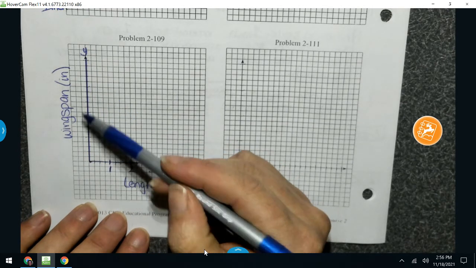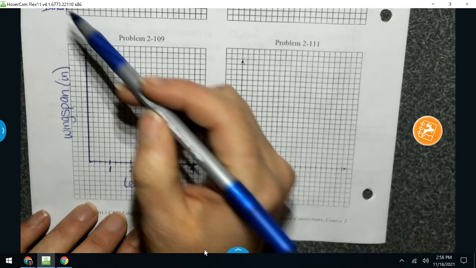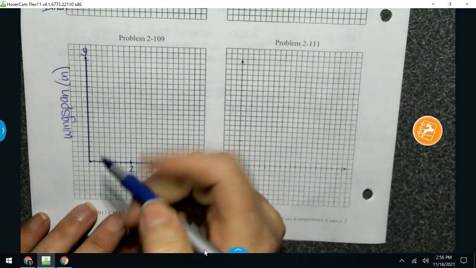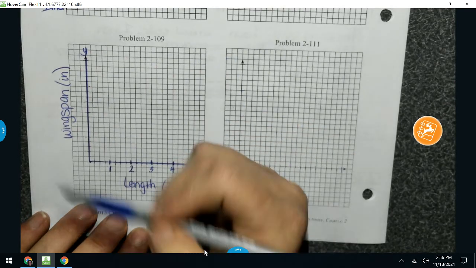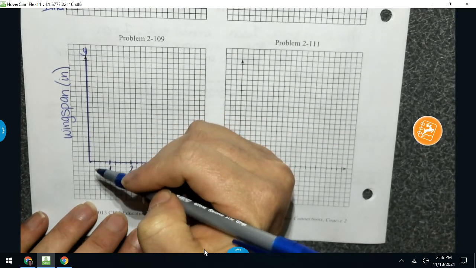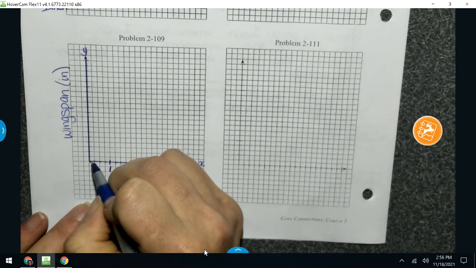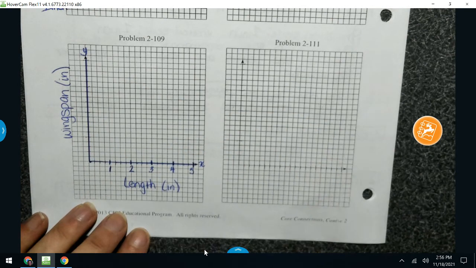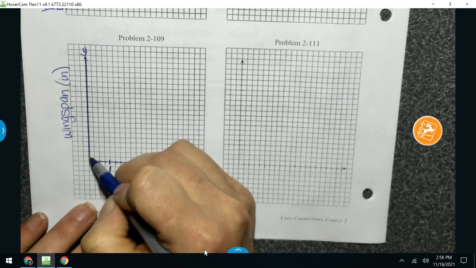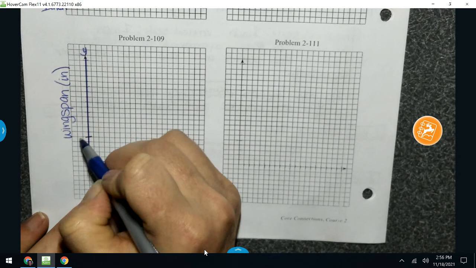So changing this one to a quarter or even a half would mean that we would have a data point somewhere up here, and we don't want that. So for our sake, we're going to keep this interval as 1 inch, just so that it all fits. I'm not going to mark each one because then it just becomes a really big jumbled mess. So we have 1 inch, 2 inch, 3 inch, 4 inches, 5 inches.